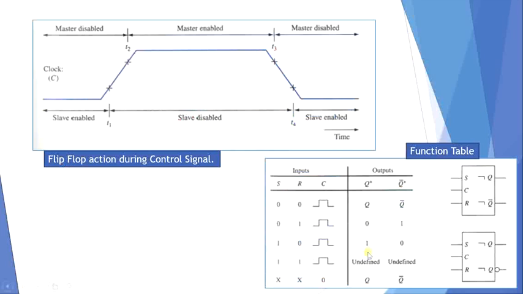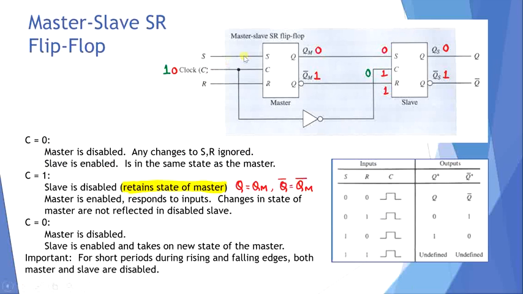See, if you observe the function table, for the second SR latch, that is the second SR gated latch, what happens is that when your master is enabled, your slave becomes disabled. So irrespective of the type of input that appears across the slave, the output will always remain equal to Q, Q bar. The same thing has been specified here.